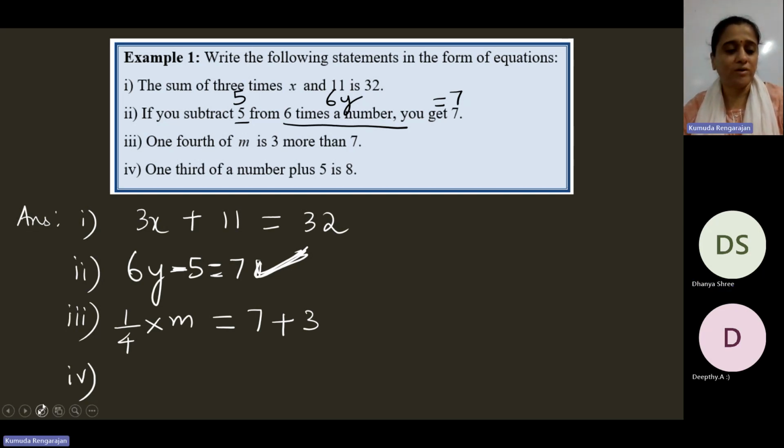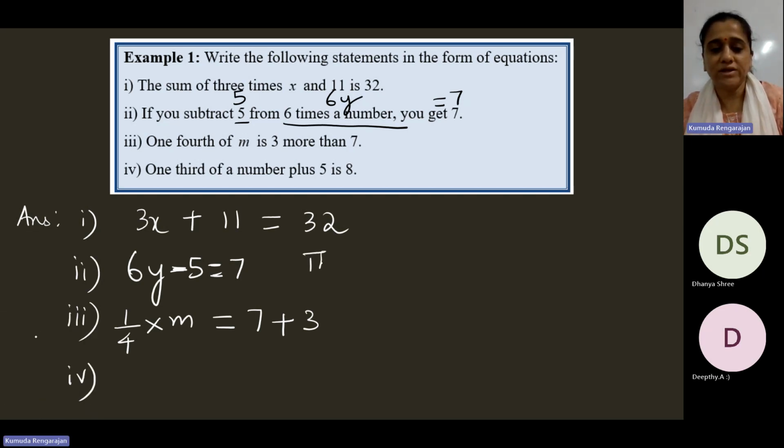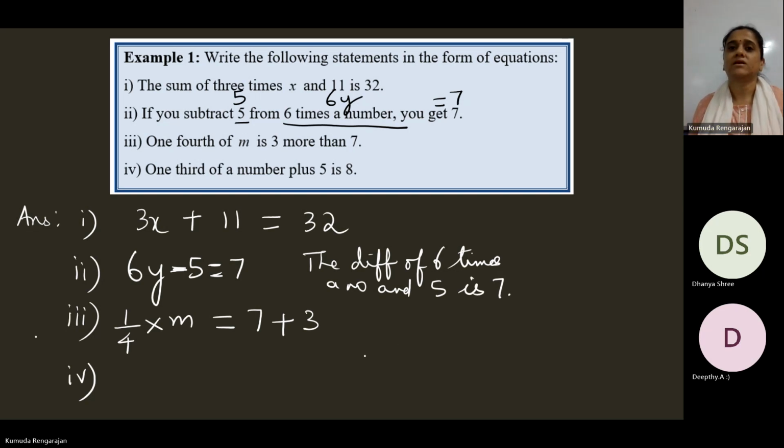Correct. I'll write it here. Good, Dania. The difference of 6 times a number, and whenever you use the word difference, you must say and. The difference of 6 times a number and 5 is 7.